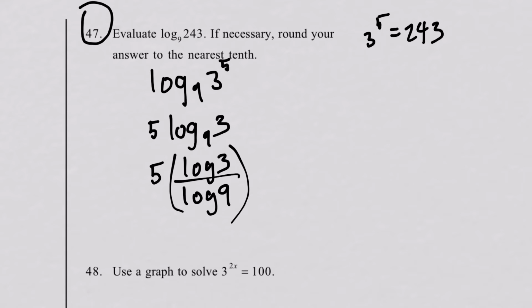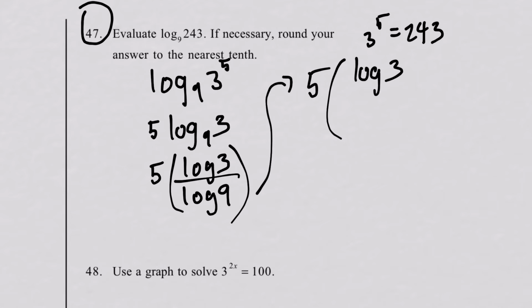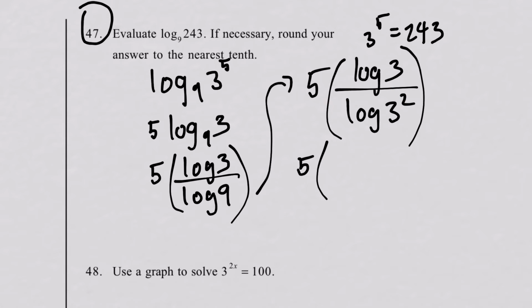I also notice that 9 is 3 squared, so I'm going to rewrite that as well. So let's continue up here. It's 5 outside, and then inside log of 3 over log of 3 squared. Right, that's 9. Now I can take that 2 and bring it to the front. So now it's 5 times log of 3 over 2 log of 3.